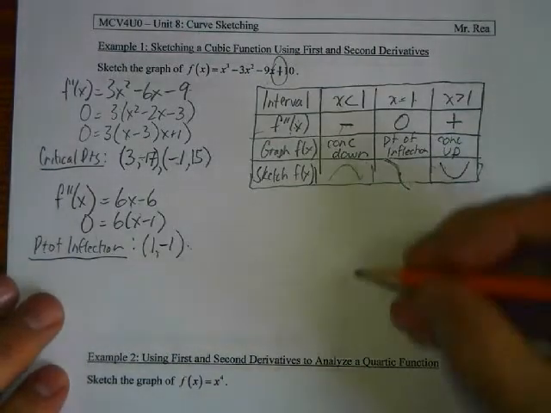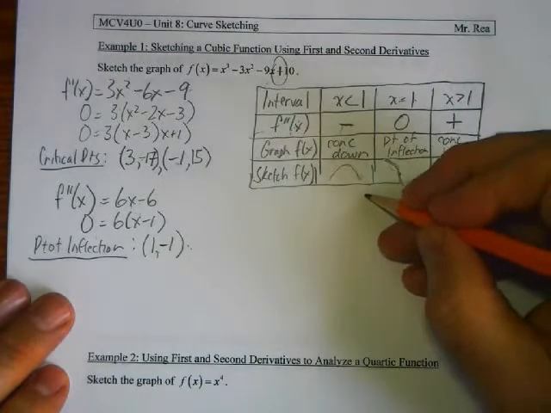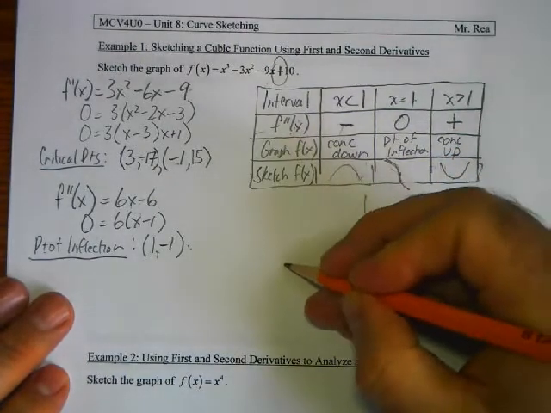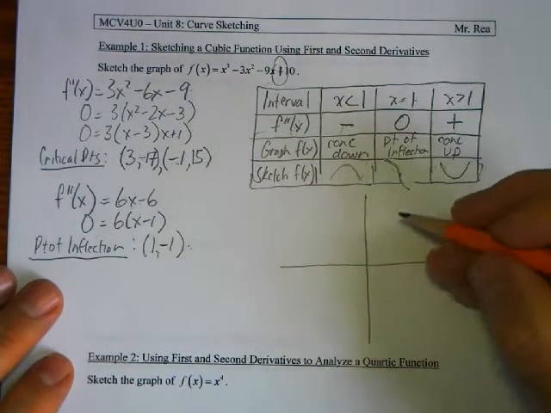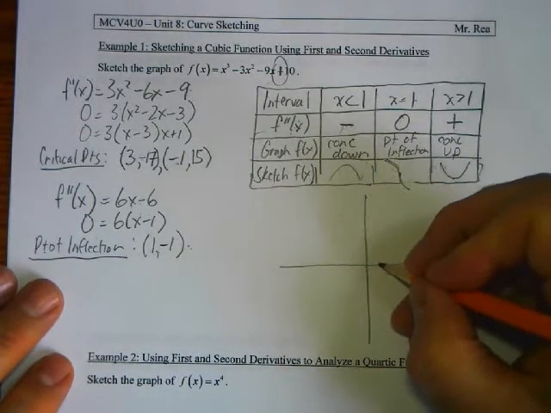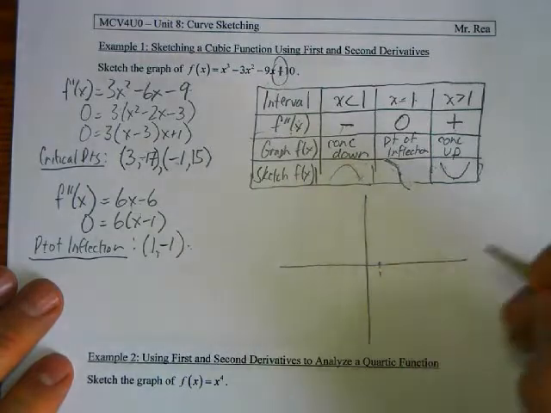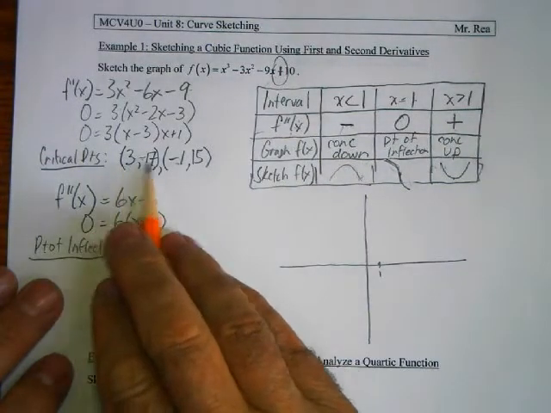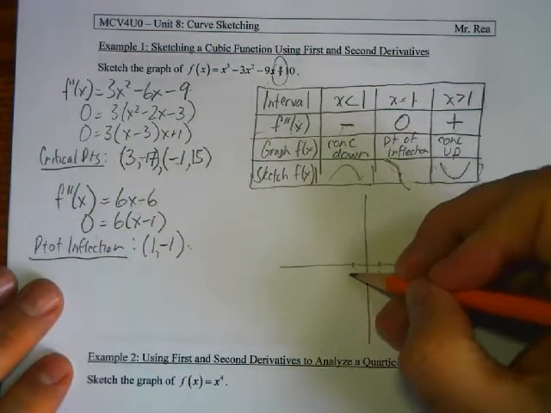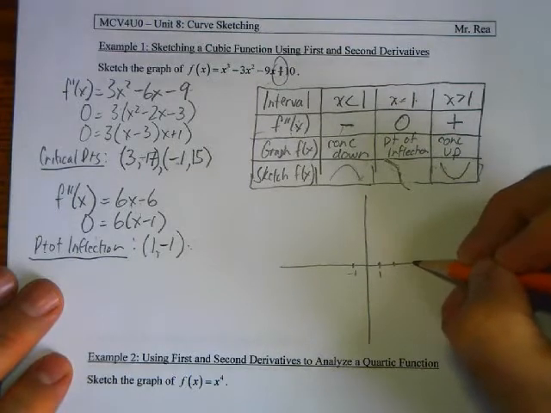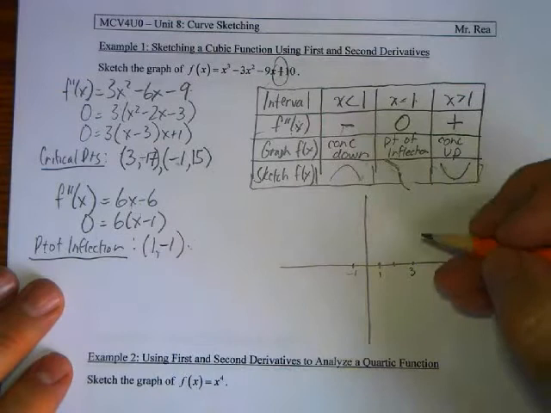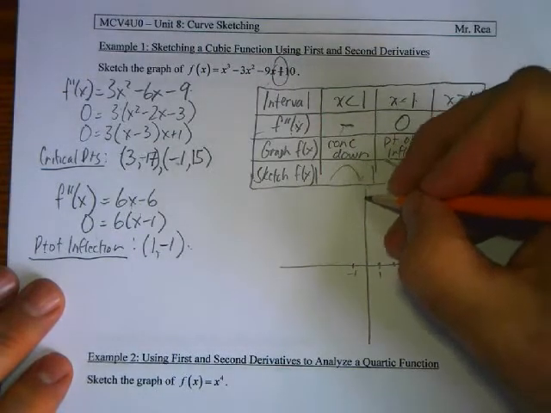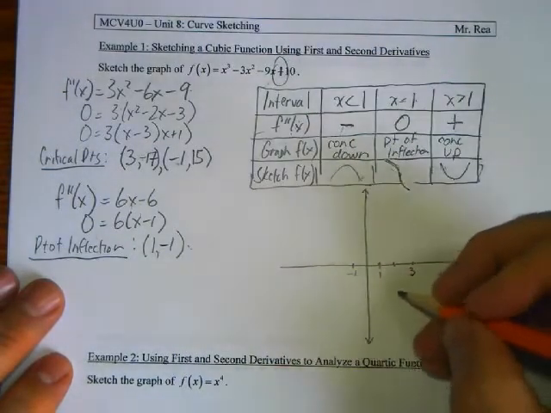Now, if I'm doing my sketch, I've got my point of inflection at 1. I've got 2 critical points, one at -1, one at 3. I've got the coordinates of all these points, so this is going to be a little compressed vertically, but so be it.